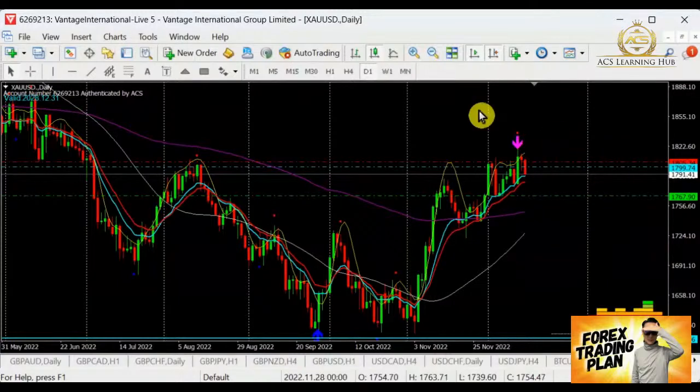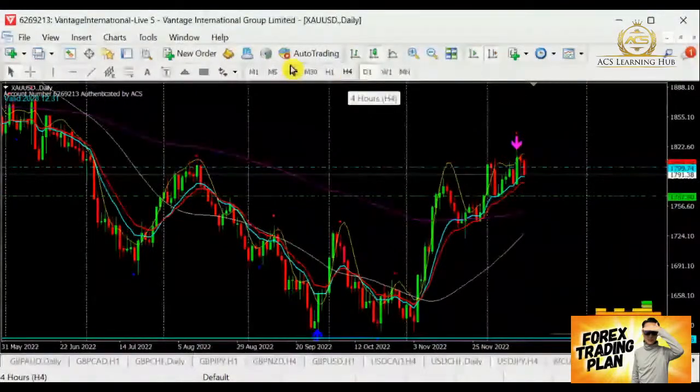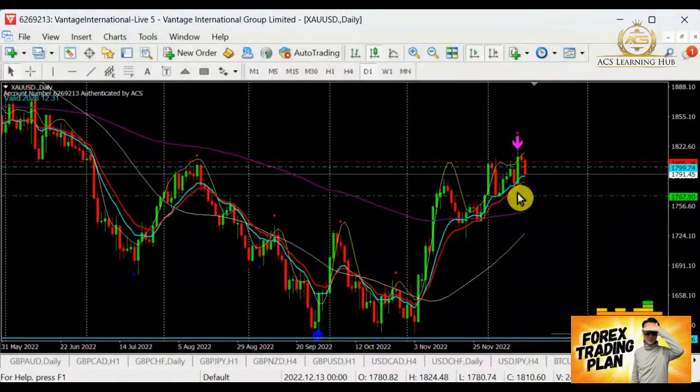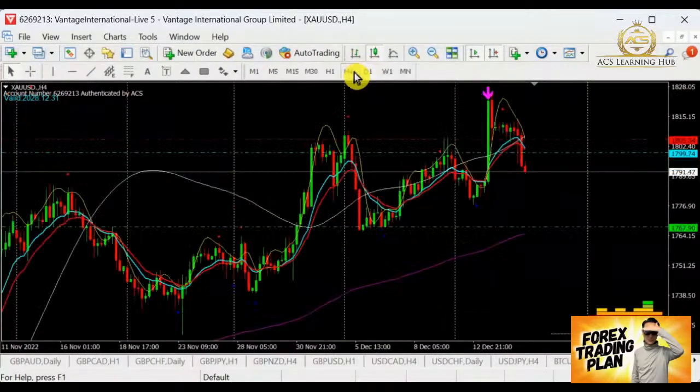Yesterday we had a top at 1799 for selling downwards. Today we will continue selling downwards to get a new bull move. For now, buying is still possible because it's still in the bull market.